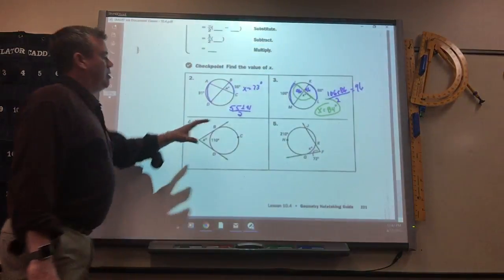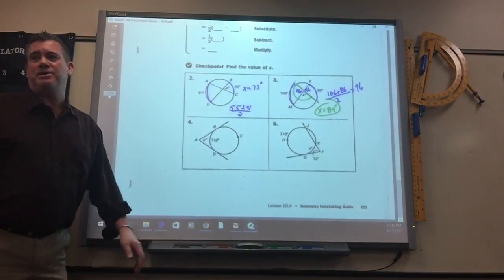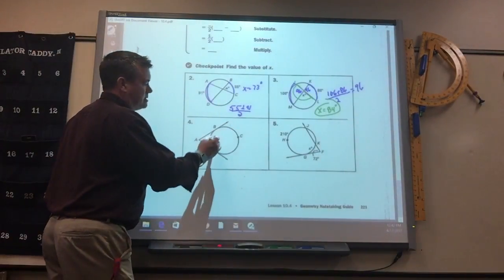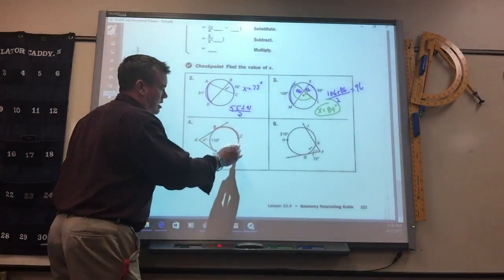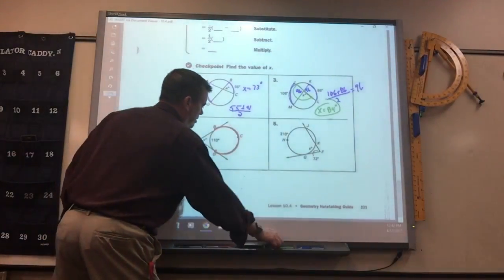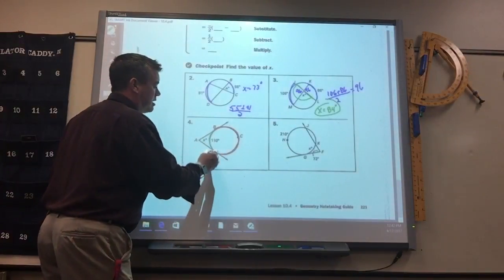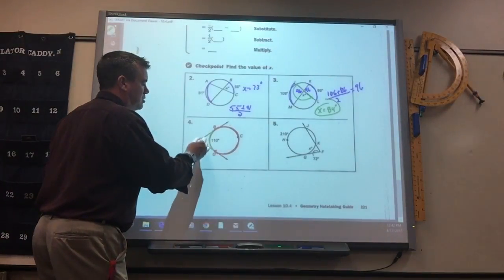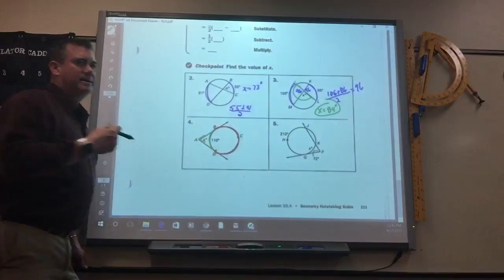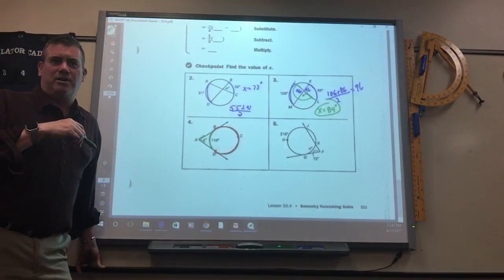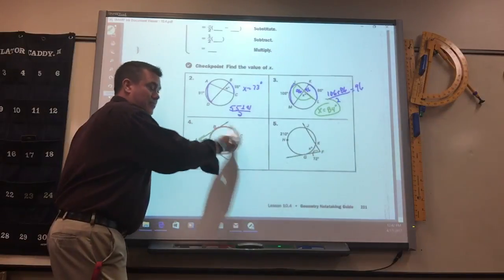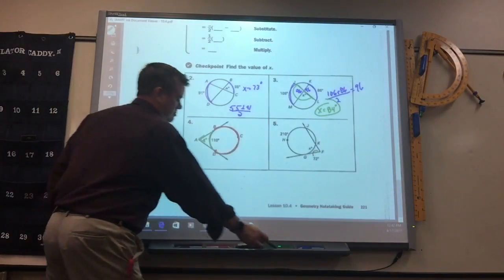Okay, now this one, they don't give you all the information. Here's where they intersect right here. So it's this arc, which we don't know, minus this arc, which is 110, divided by 2 will give us x. We don't have all the information written down, but can you figure it out? 360 minus 110.